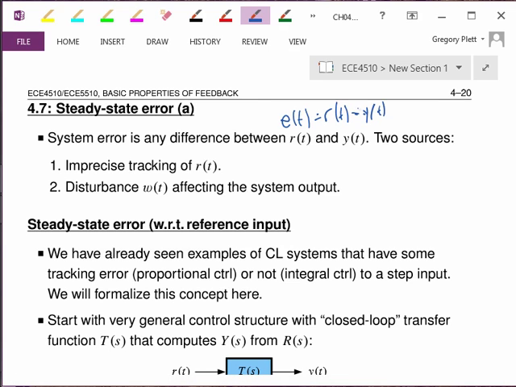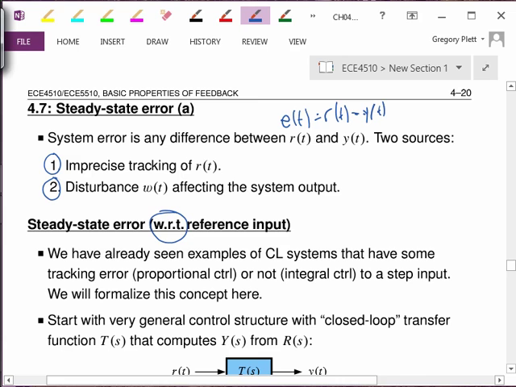The other is that disturbance is affecting the system's output. If there was no disturbance, we might be tracking perfectly, but because there is disturbance, we are not. So we're going to break down our discussion of steady-state error into first steady-state error with respect to the reference input, and after that, steady-state errors caused by the disturbance, so with respect to the disturbance input.